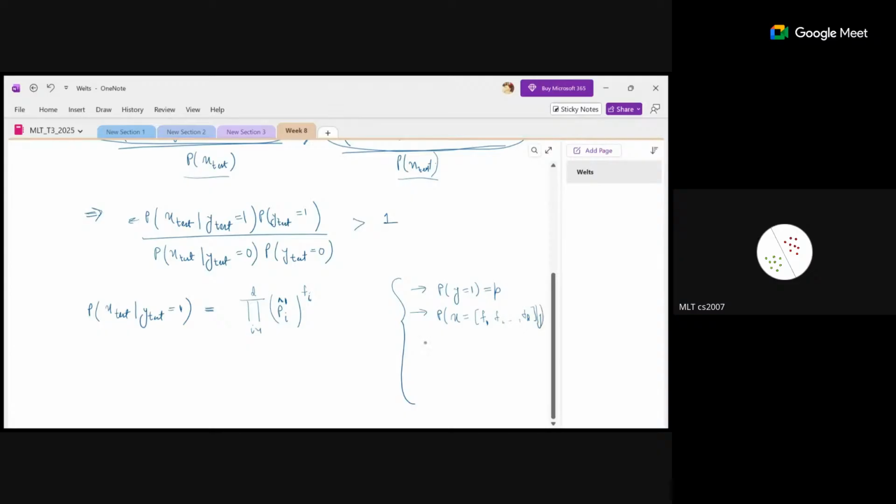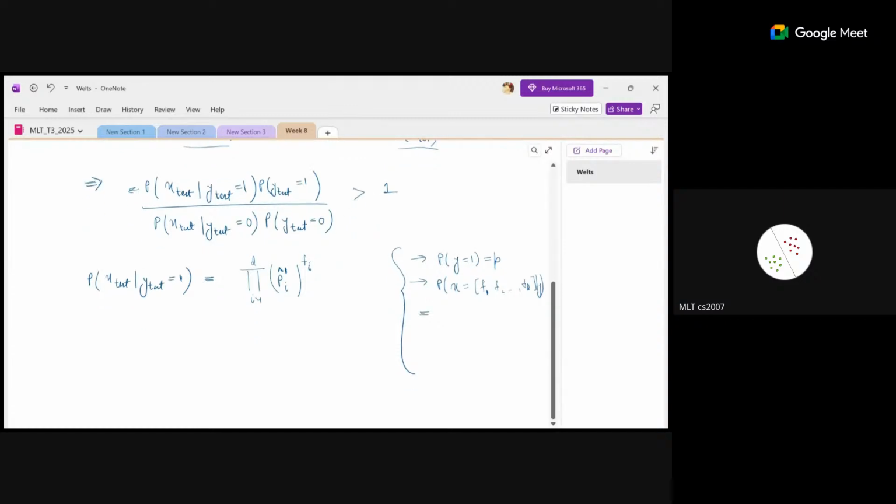And what is this probability going to be? This follows basically a Bernoulli distribution. And we had assumed this class conditional independence.